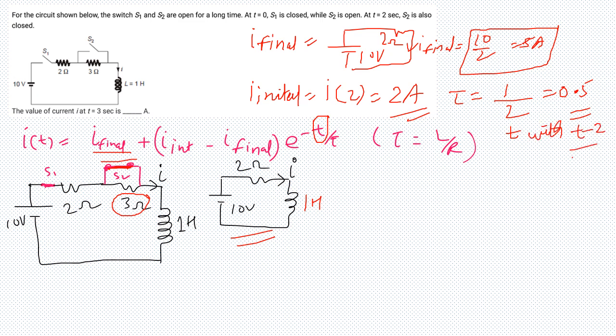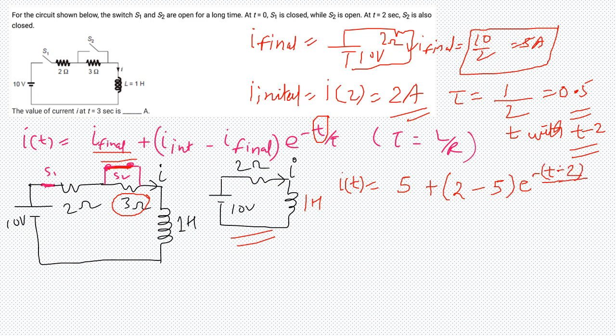When we do that, I of t is equal to I final, which is 5 amps, plus I initial, which is 2 amps, minus I final, 5 amps, times e power minus (t minus 2) by tau.